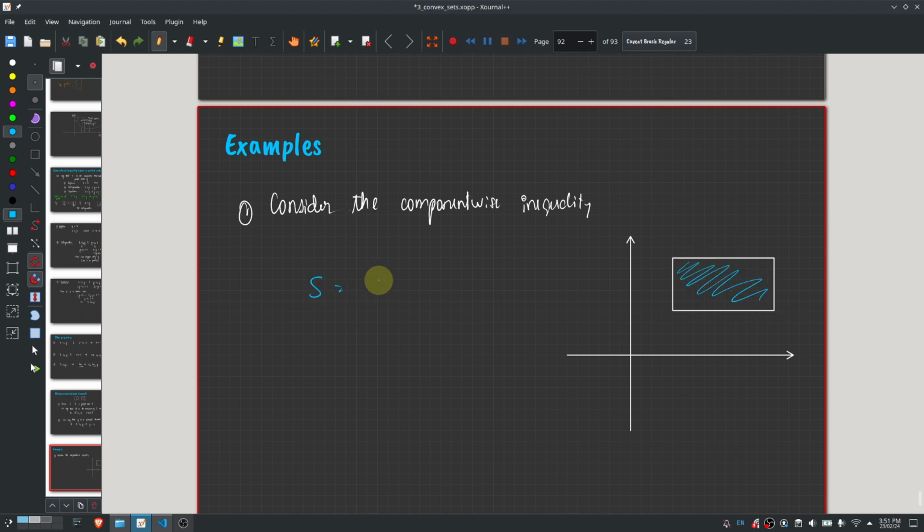So S is the set of all (x1, x2), where x1 is between 1 and 2, and x2 is maybe between 1 and 1.5.